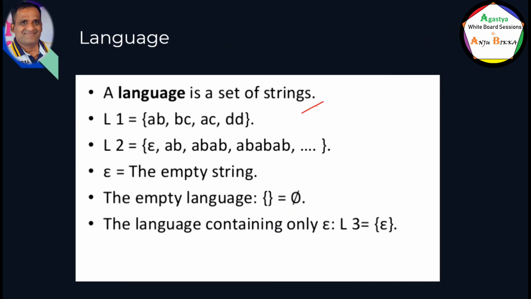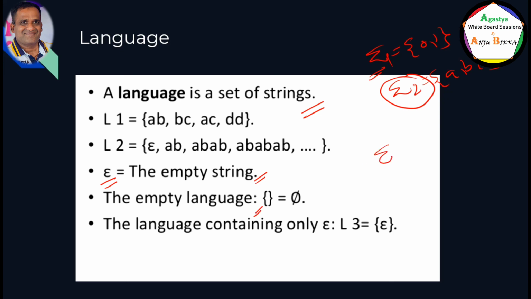Now what is a language? We can see sigma is an alphabet, 0, 1, or this is sigma 1, and sigma 2, ABC. Then a string means a string over sigma 1, a string over sigma 2. Now what is a language? We can see epsilon is an empty string. Then what is the empty language? Before the empty language, the empty string.